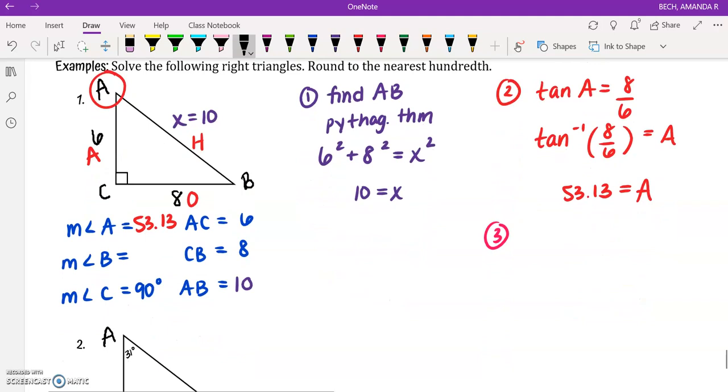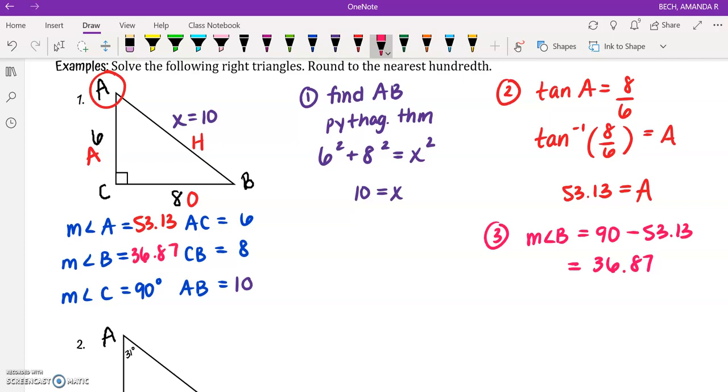So I'm going to use that fact to say that the measure of angle B is going to be 90 take away the measure of angle A we just calculated, 53.13. That's 36.87.